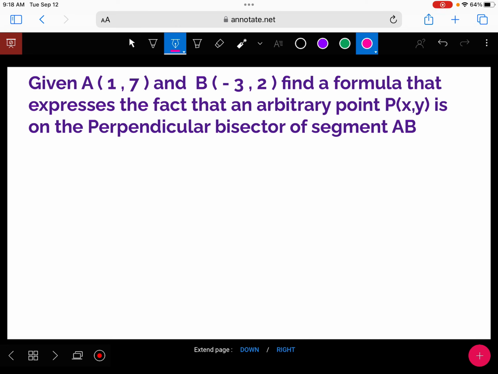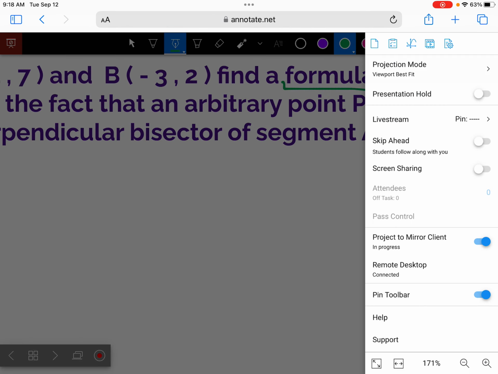So we're given 2 points. A is 1,7 and B is negative 3,2. We are going to find a formula. What I mean by formula is an equation.